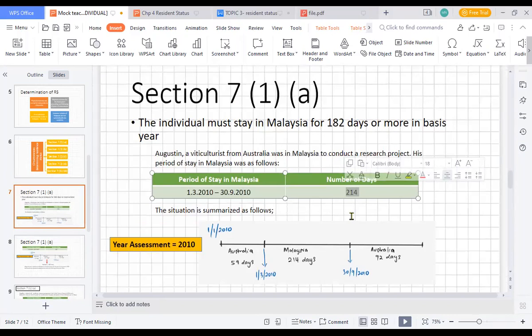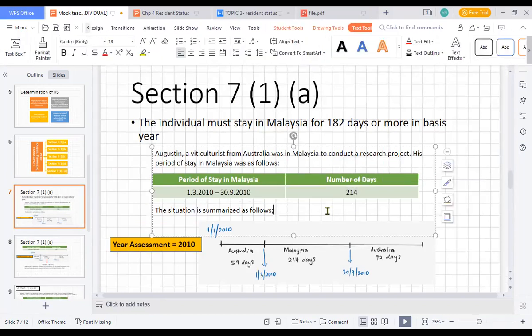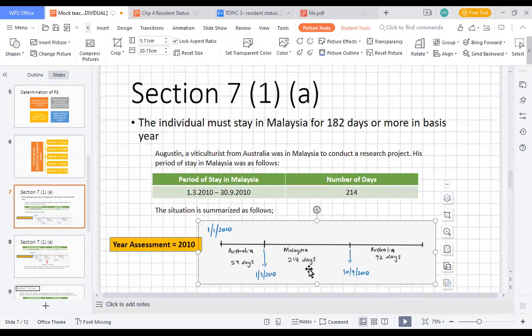So when the question asks whether Augustine is a resident or non-resident, you have to answer yes, he is a resident under section 7.1A since he is physically present in Malaysia for more than 180 days.